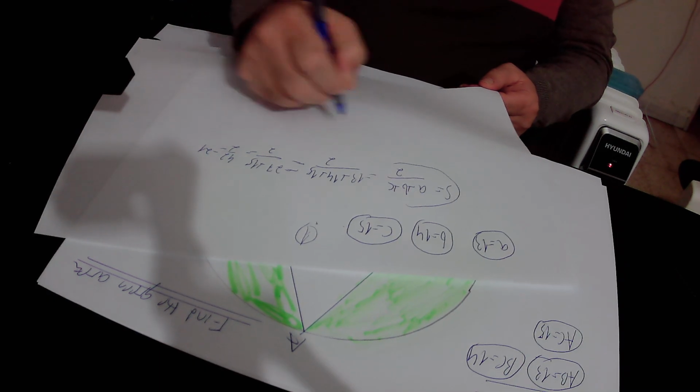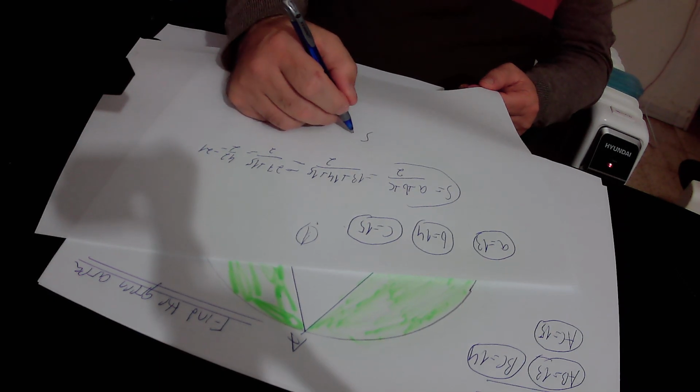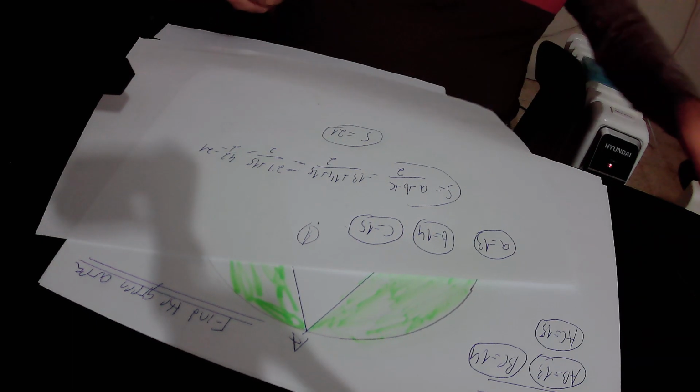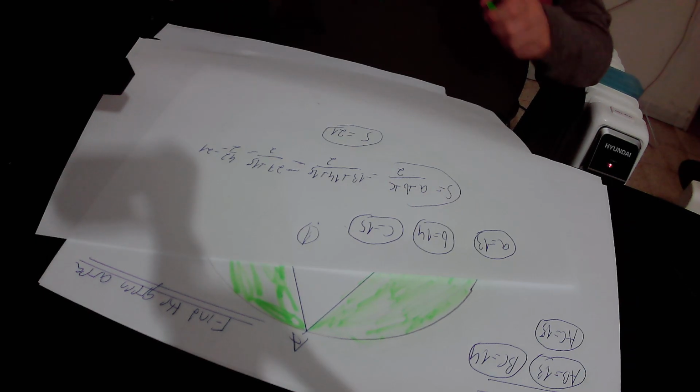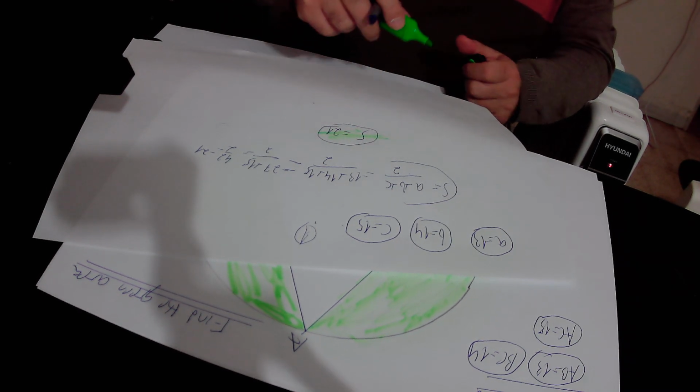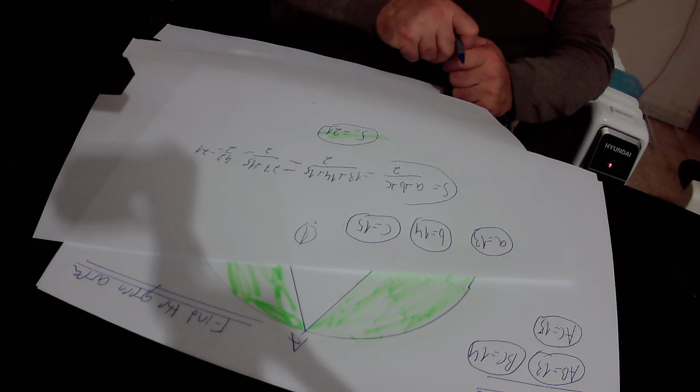So finally we found out that the semi-perimeter S of our triangle ABC equals 21 units.